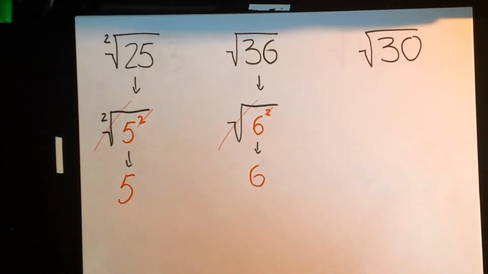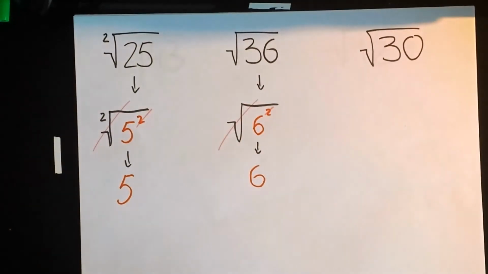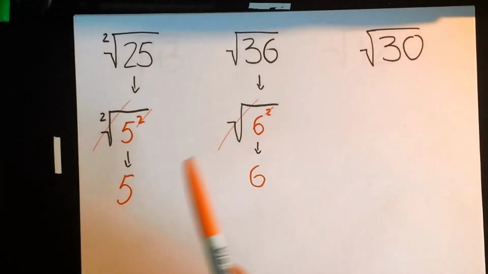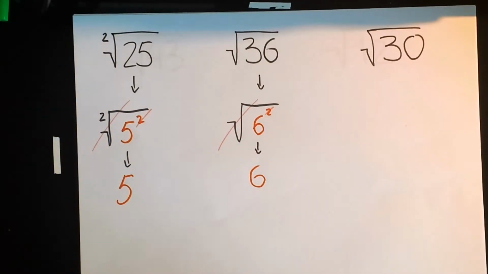Sure, you can multiply 5 times 6, 3 times 10, 1 times 30, and the negative versions of those as well, to get 30. But no two identical integers when multiplied can get you 30. You can't do 6 times 6 or 5 times 5. There are some fractions and decimals that will work, but again, it has to be an integer to be a perfect square. So what do we do here?